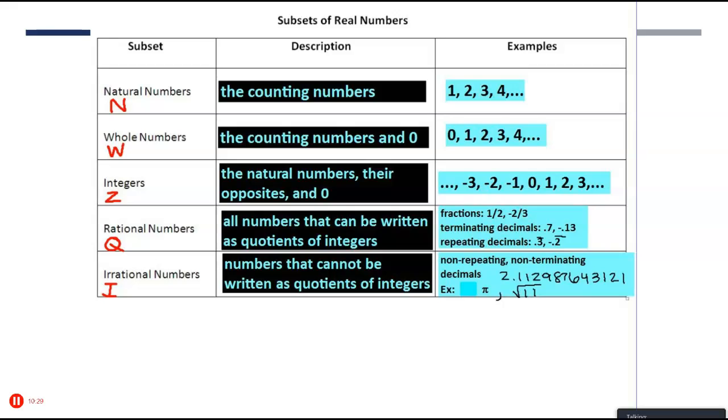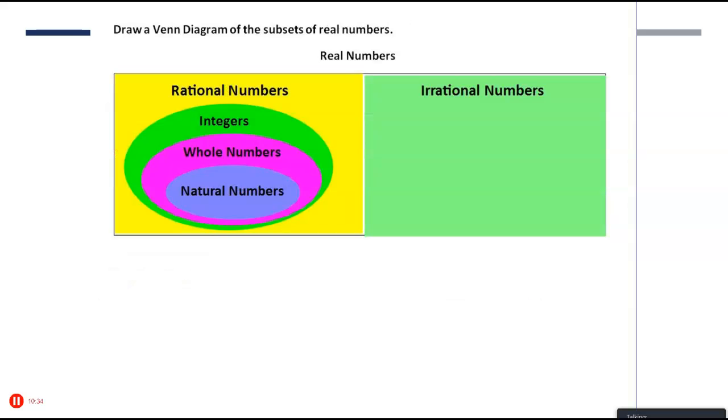Is everybody good for copying? Can I switch slides?